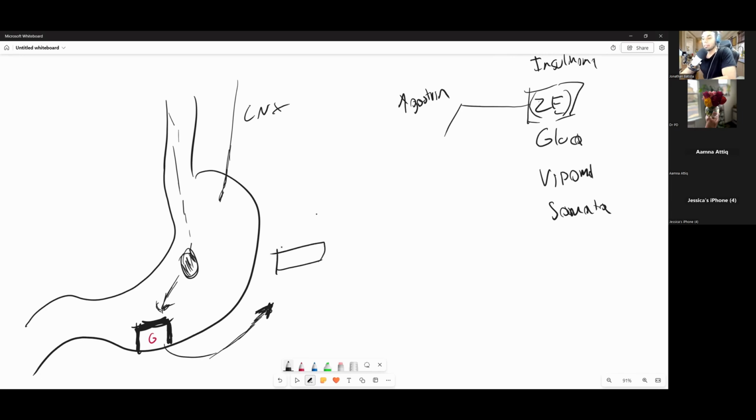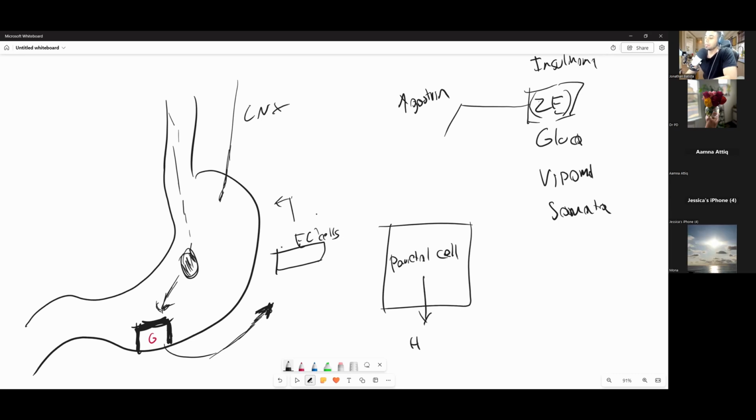It stimulates the enterochromaffin cells, and you end up releasing histamine as well. So histamine, acetylcholine, gastrin, all these things bind to the parietal cell. The parietal cell is able to release hydrochloric acid. Does that make sense?